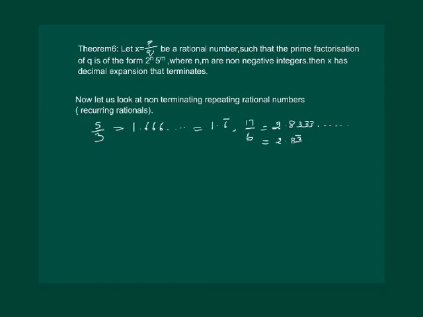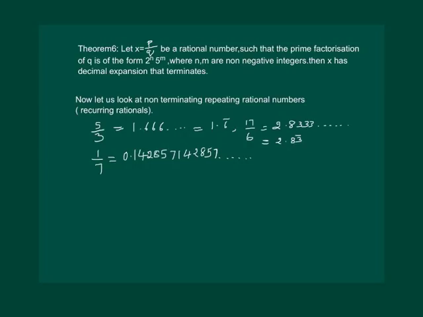Let us see another example. Say we take 1 by 7. Its decimal expansion is 0.142857 and so on.